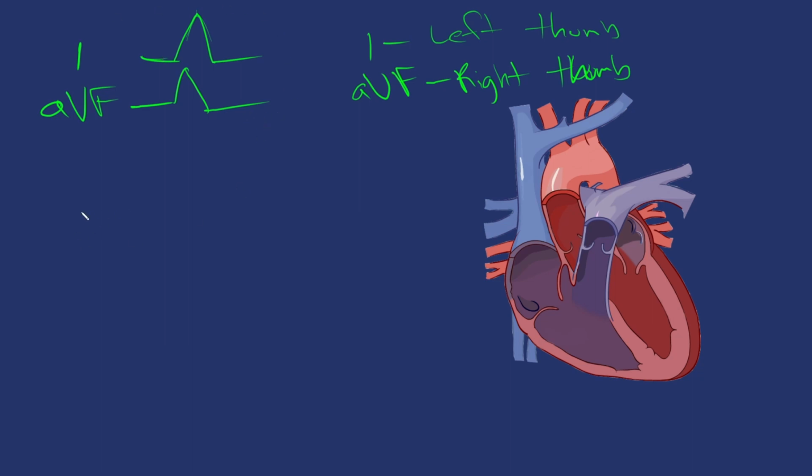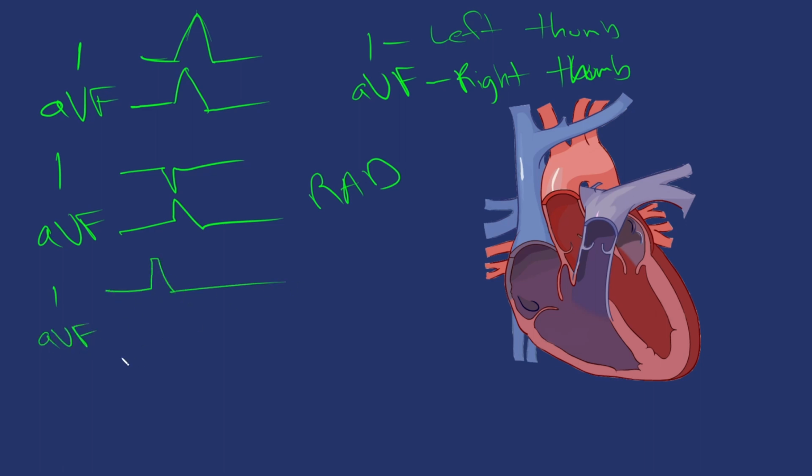Okay. Now if we had this one here, we see that 1, so our left thumb, is going to be down, AVF is up, so our right thumb is up, so we have right axis deviation, because the right thumb is up. Let's do this again.